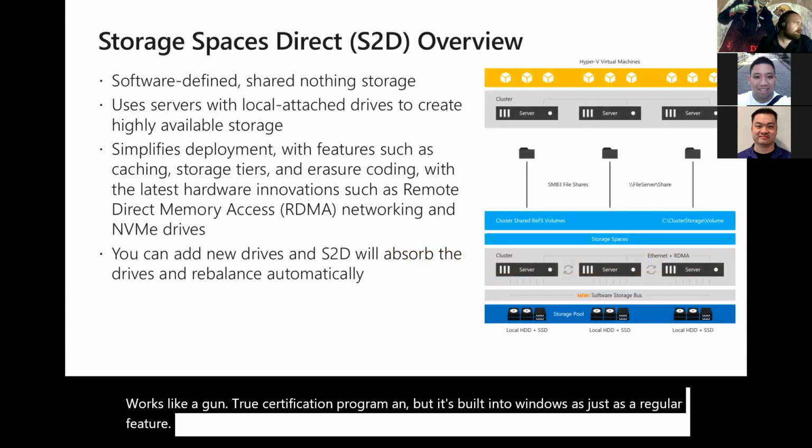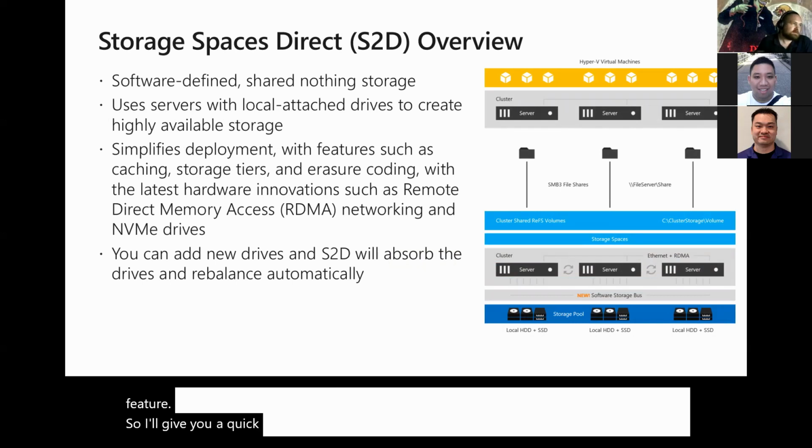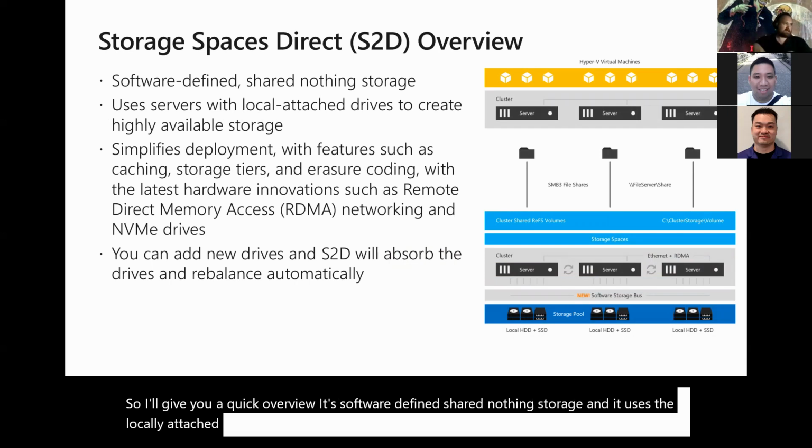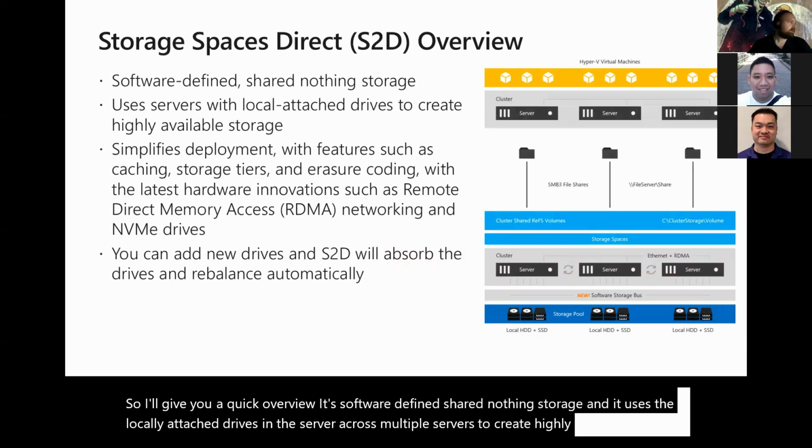So I'll give you a quick overview. It's software-defined shared nothing storage, and it uses the locally attached drives in the server across multiple servers to create highly available storage.